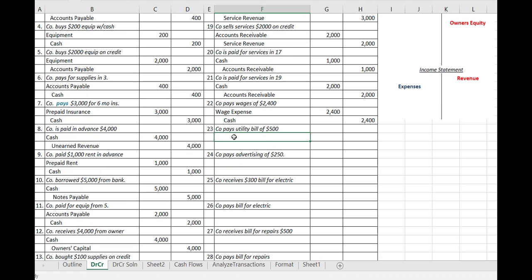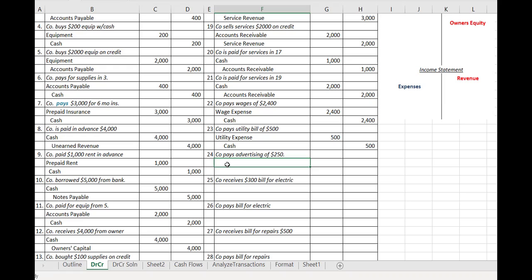Company pays a utility bill. Again, the word pay there. Pays a utility bill of $500. So I'm going to have utility expense and cash.